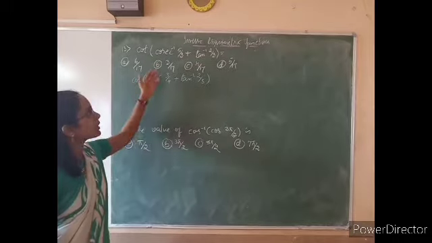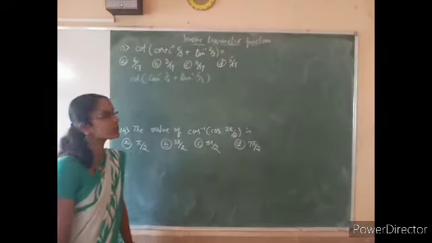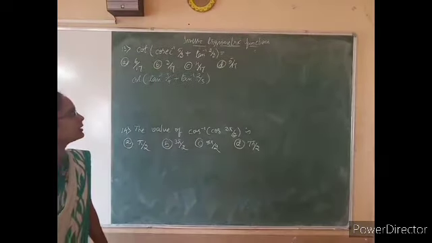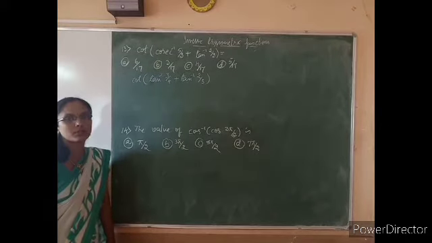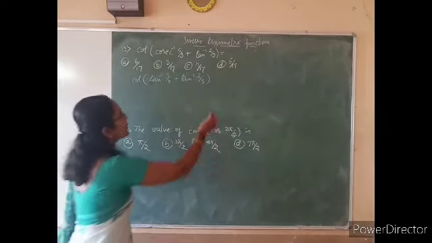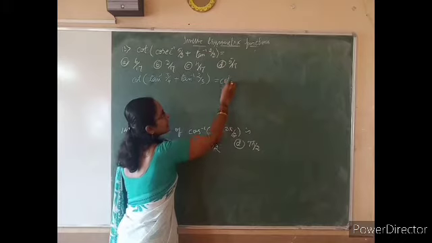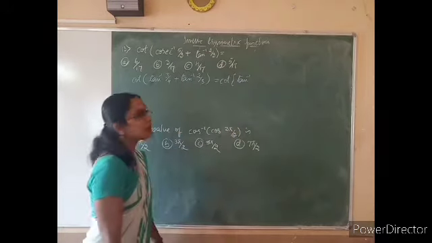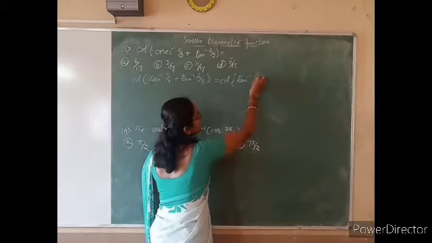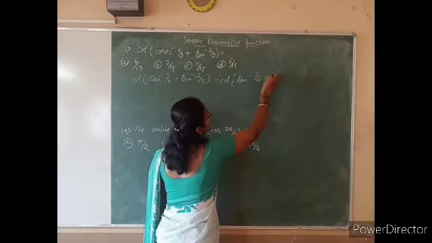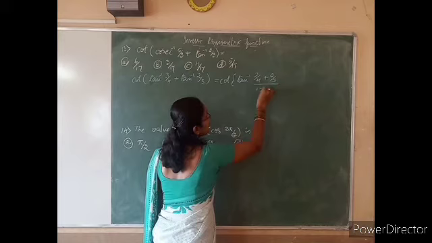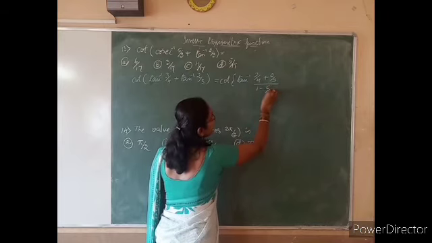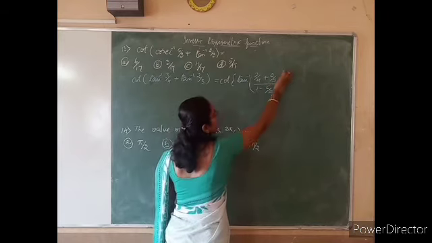You know how to convert by using the definition. So cosec inverse of 5 by 3 becomes tan inverse of 3 divided by 4. Using that result, this becomes cot of tan inverse of (x plus y) divided by (1 minus xy). This will be 3 by 4 plus 2 by 3, divided by 1 minus 6 divided by 12, that is 1 divided by 2.